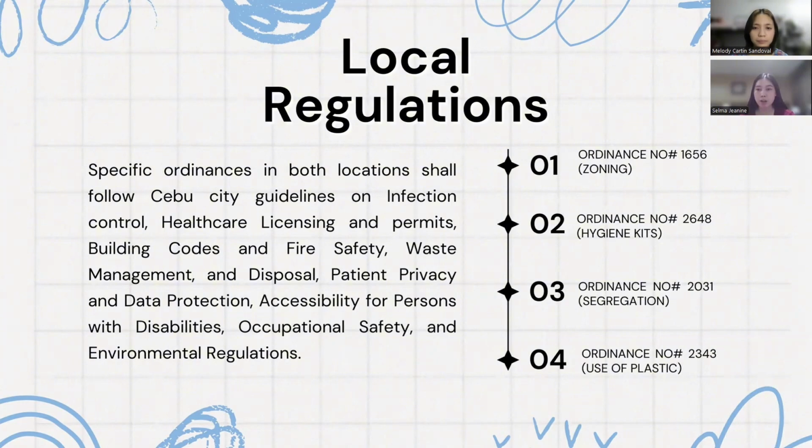Examples are Ordinance number 1656 for zoning, Ordinance number 2648 for hygiene kits, Ordinance number 2031 for segregation, and lastly, Ordinance number 2343 for the use of plastic.